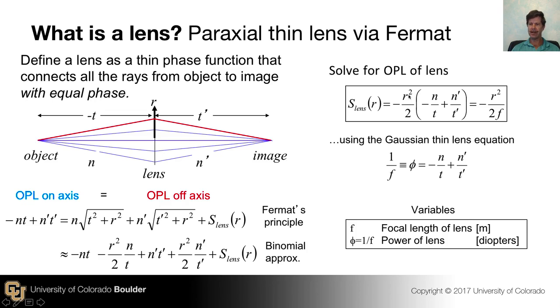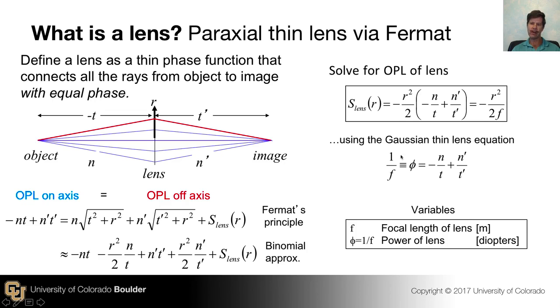For a positive focal length lens, f, then we see that quadratically, going away from the axis, the lens gets thinner. The optical path length decreases. That makes sense. That's what a lens should do. If, of course, the focal length was negative, the opposite would occur, and it would get thicker going away from the origin. And it does that proportional to 1 over f.